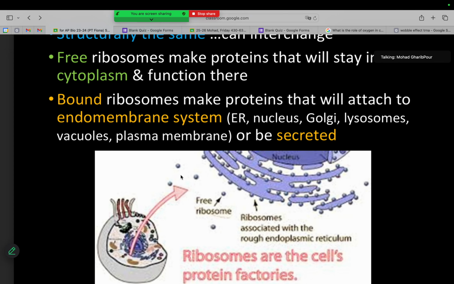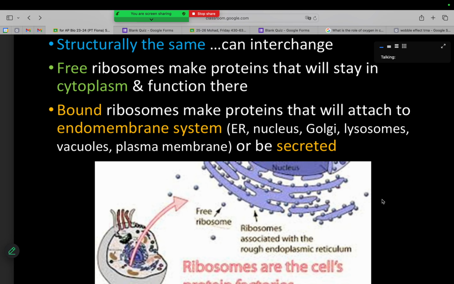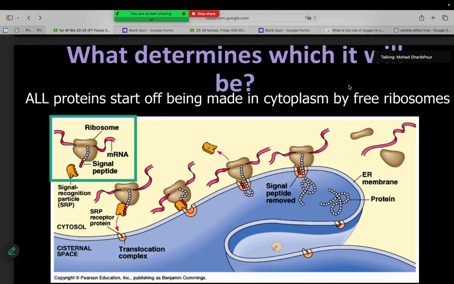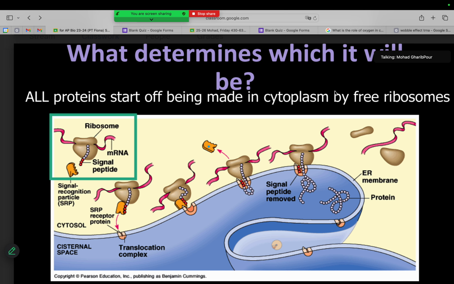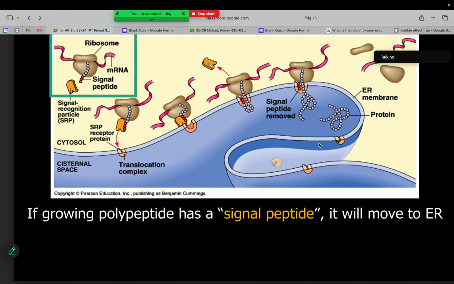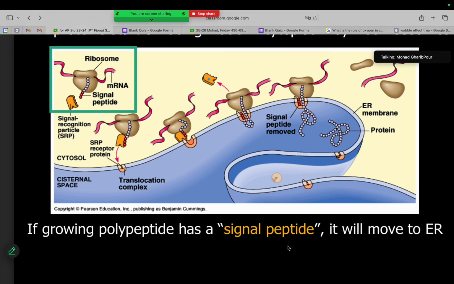Any questions so far? Okay. So what determines which one it will be? All proteins start off being made in cytoplasm by free ribosomes. If there is a signal peptide, this signals the ribosome and the peptide to move to the ER.